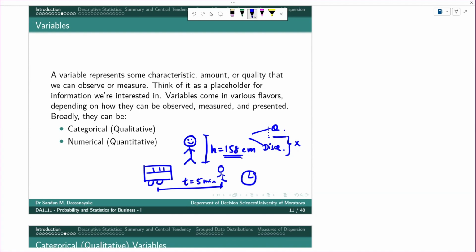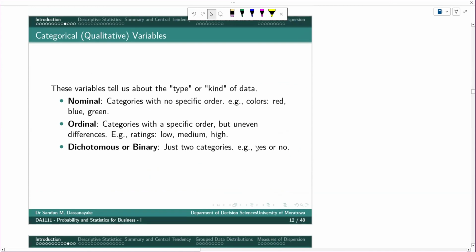You can do vice versa, but converting categorical to numerical requires some understanding of the data and what you are really looking at. The categorical variables belong to another three types: nominal, ordinal, and dichotomous or binary. This is like the air hostess and military case where you have two categories, yes or no, qualified or disqualified.